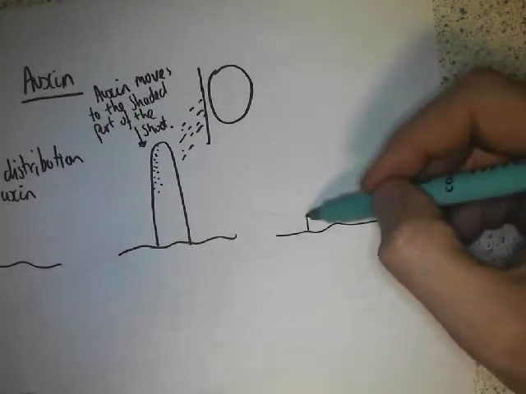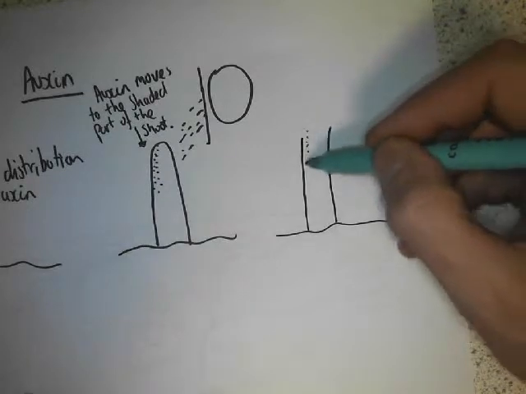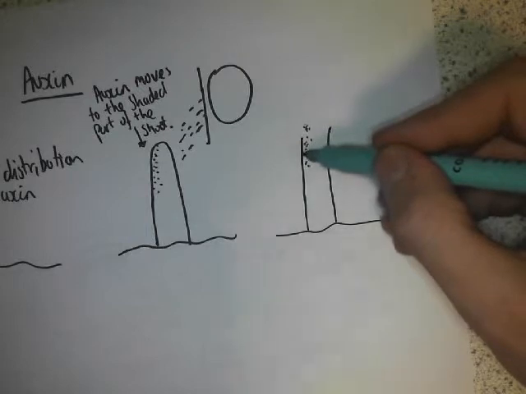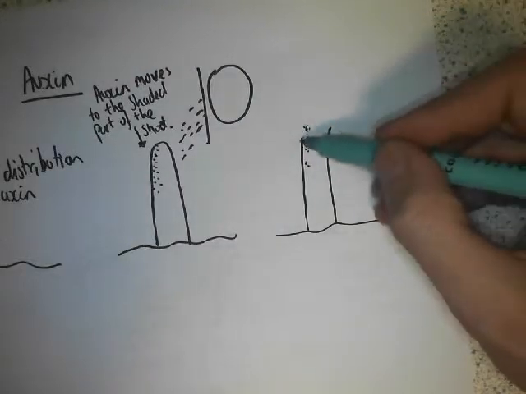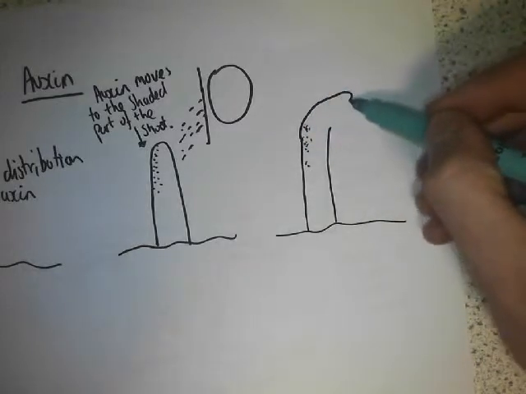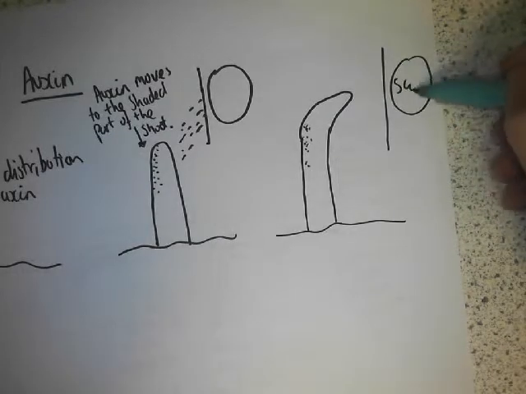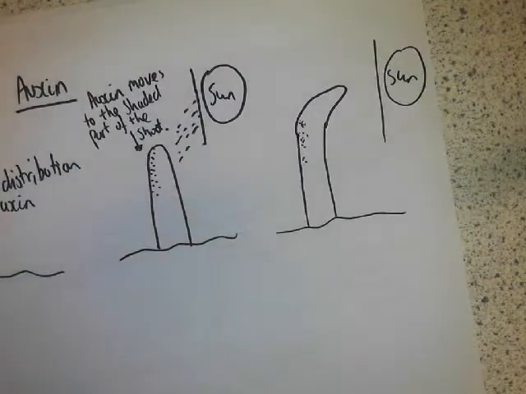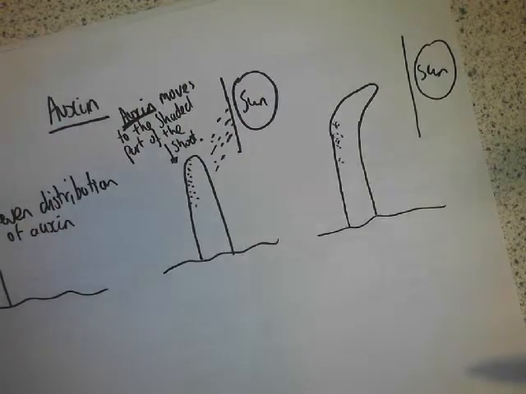So what happens is this side, where the auxin is, promoted growth, grows quicker than this side, or the cells become more elongated this side, and it does this because of the sun. And that's why plants grow towards the light. It's all to do with auxin, the position of auxin.